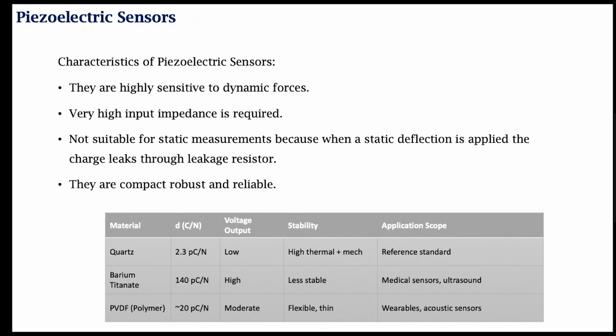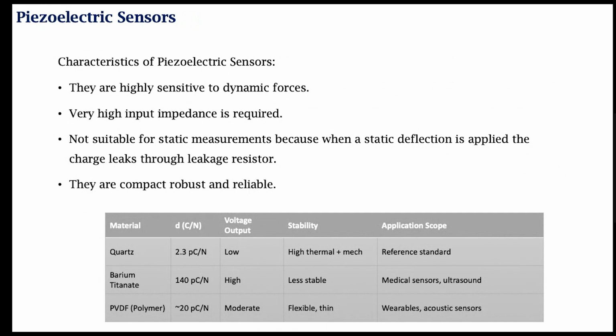A major constraint is that you need to have high input impedance amplifiers to avoid leakage and signal noise. Almost always, you need to use signal conditioning circuits with charge amplifiers and filters to reduce noise.